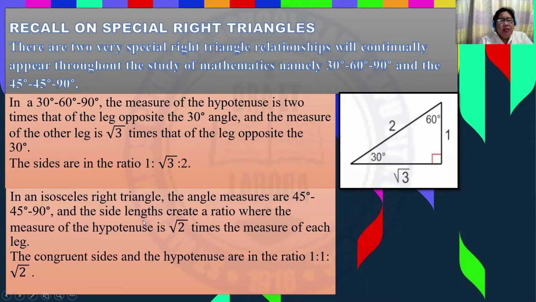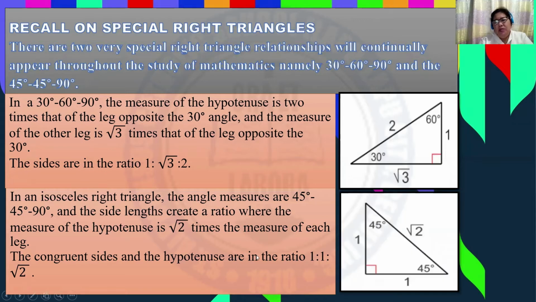In an isosceles right triangle, the angle measures are 45 degrees, 45 degrees, 90 degrees. And the side lengths create a ratio where the measure of the hypotenuse is square root of 2 times the measure of each leg. The congruent sides and the hypotenuse are in the ratio of 1 is to 1 is to square root of 2.